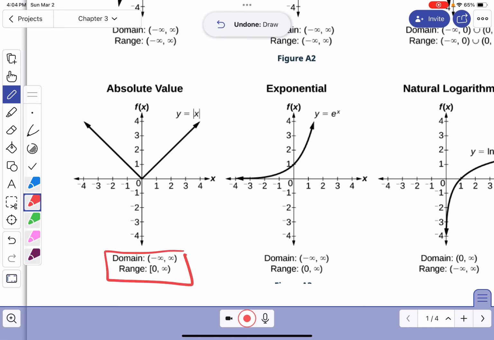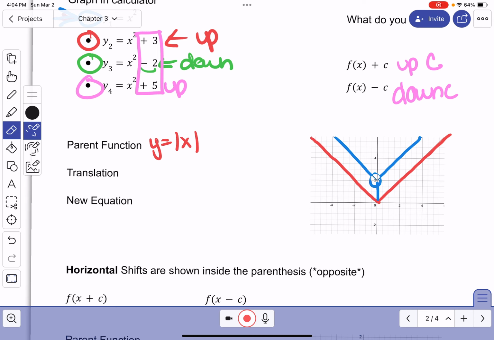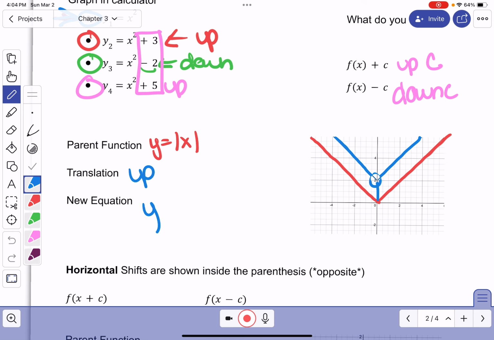And then your parent domain and range are right there. Our new graph moved up 2, because there was a 2 right there on the grid. So our translation is up 2, meaning our new equation would be the absolute value of x plus 2.